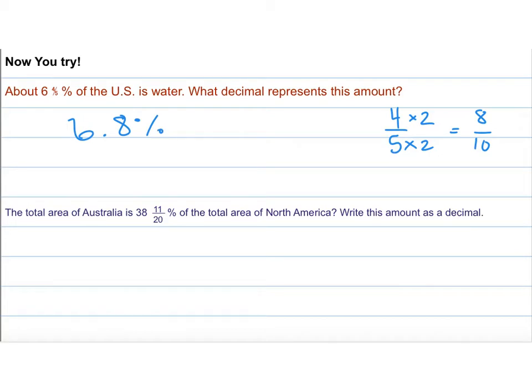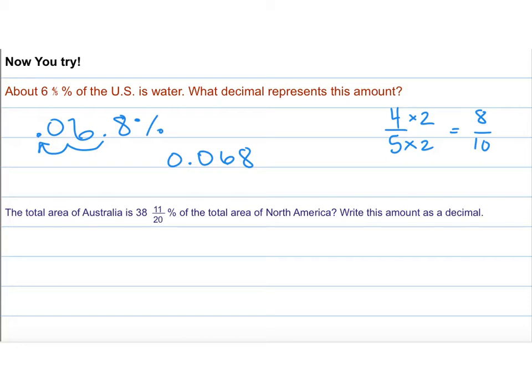And now I need to take that, move the decimal 2 spots to the left, fill in with a 0. So I would have 0.068, so 68 thousandths. That's the amount of water in the United States as a decimal. If we have a fraction like that within our percent, I would suggest turning it into a decimal and then move the decimal place 2 spots to the left.